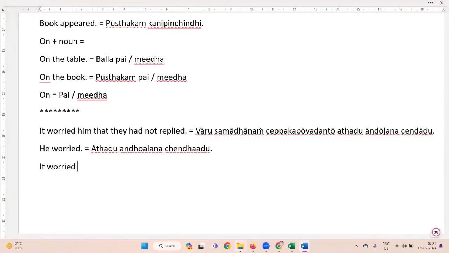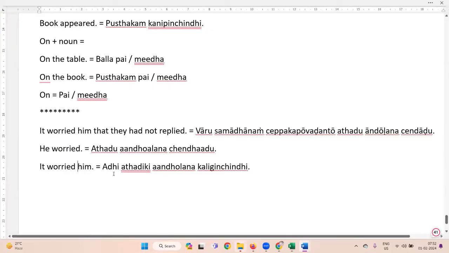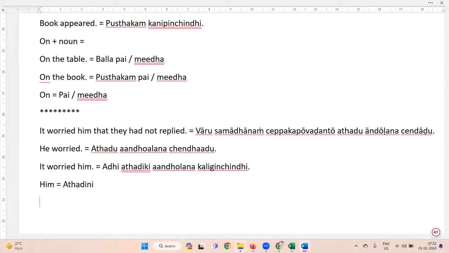It worried him. అది అతడికి ఆందోళన కలిగించింది. అతడికి అది ఆందోళన కలిగింది. అది అతడికి, ఓకే, అది అతడికి ఆందోళన కలిగించింది. ఎస్, కరెక్ట్. ఓకే. సో హియర్ హిమ్ మీన్స్ అతడిని. Him means atadini, but in this sentence we are using to him meaning, that is atadiki.